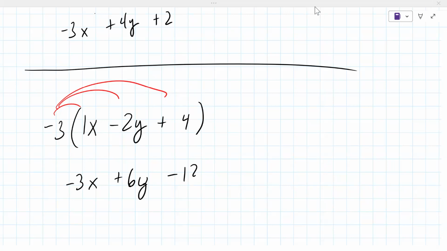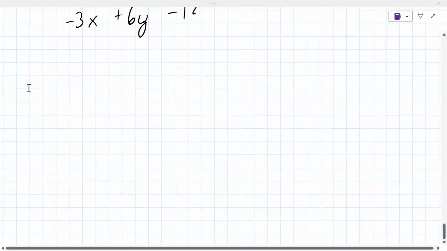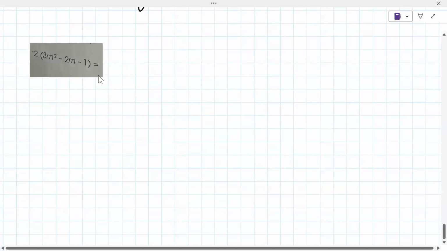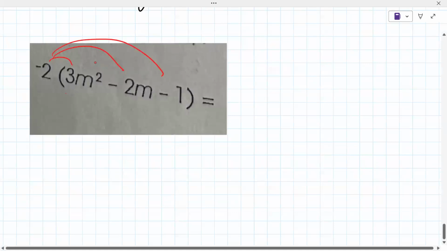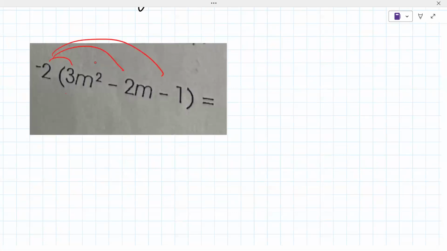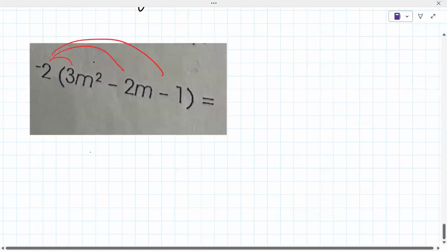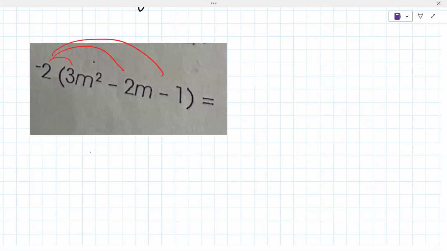Yeah. Okay, so let's try the one that you got marked off on your assignment here. That -2 is going to multiply everything on the inside. Tell me what the result is.